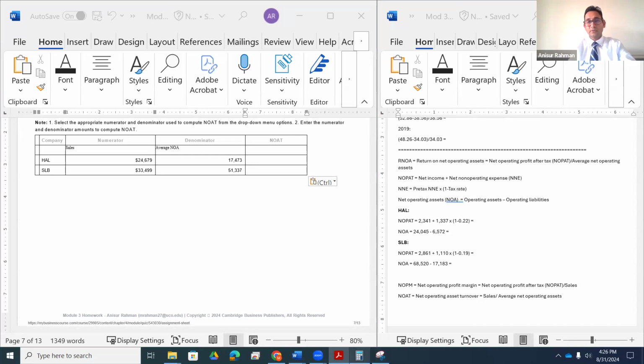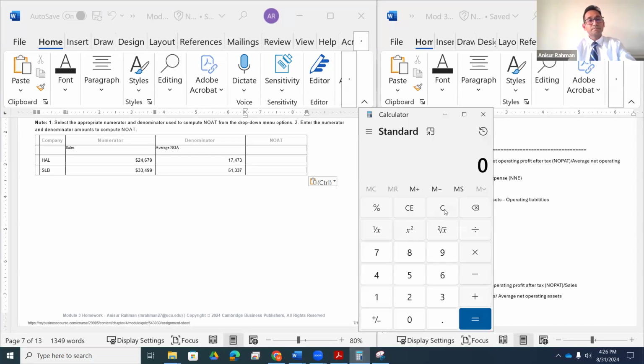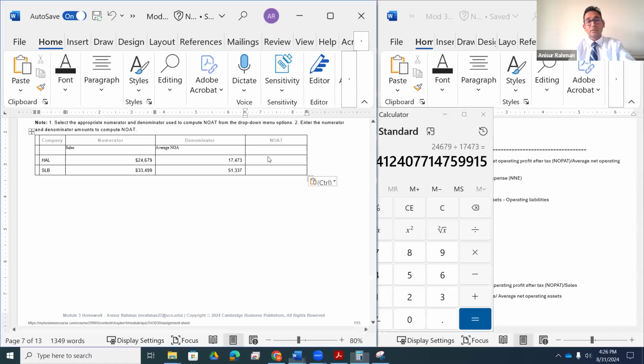So we have to do now, calculate these ratios. The 1.41.